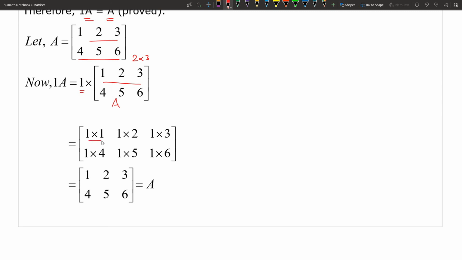That means we are getting 1 cross 1, 1 cross 2, 1 cross 3, 1 cross 4, 1 cross 5, 1 cross 6. But those are the same. That means we are getting 1, 2, 3, 4, 5, 6 according to the row, and that is the matrix A itself. So those are the properties of the scalar multiplication of any matrix.